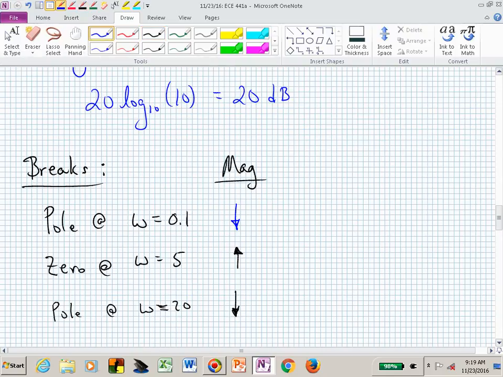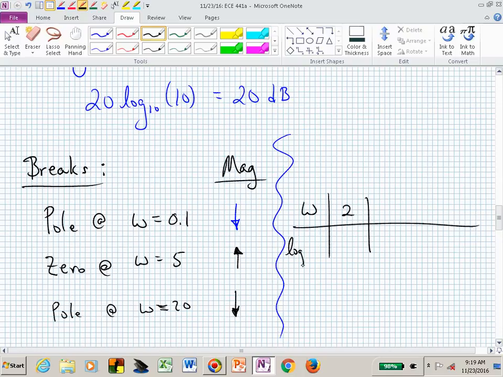And if you're sketching this on the back of an envelope, which I'm assuming you might do on your break, you might want to keep track of this relationship between omega and log of omega, because we are plotting this relative to log of omega so that we can get a longer frequency axis on the page.